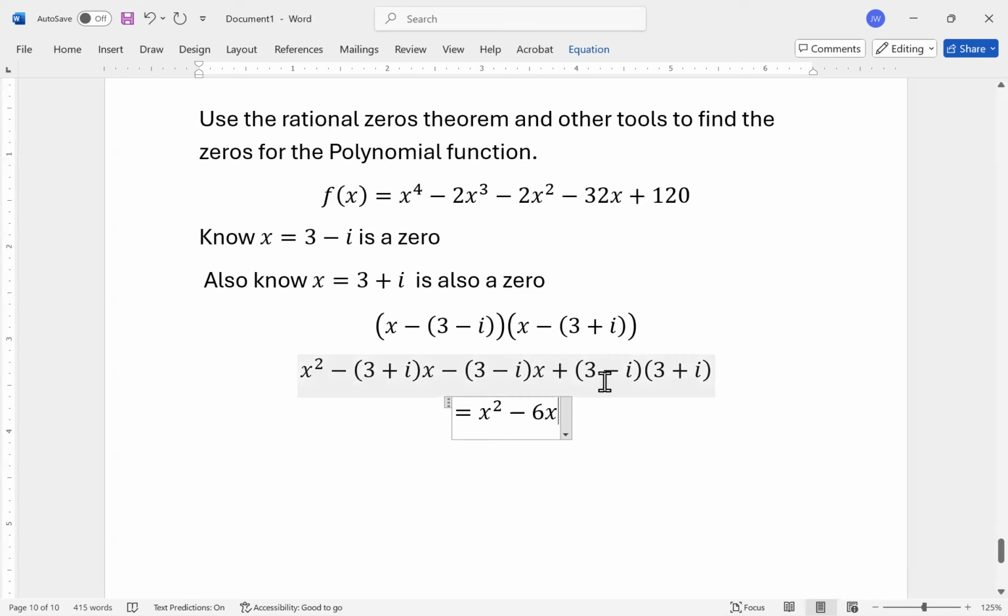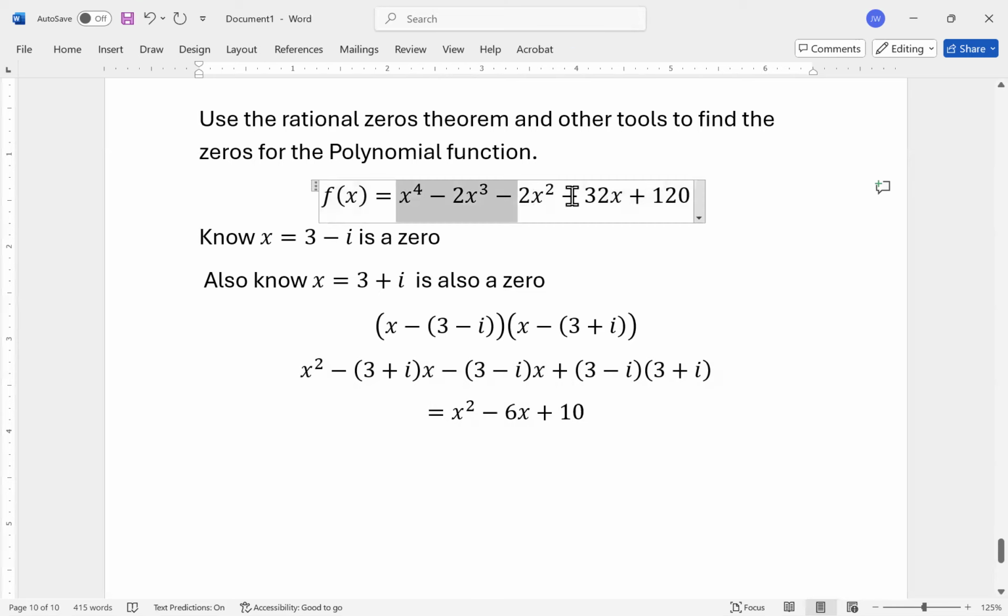Here we'll have 3 times 3, which is 9. And then I'd get minus i squared. The middle terms would cancel out. 9 minus a negative 1 is 9 plus 1, which is 10. So I know this quadratic is a factor of this fourth degree polynomial.